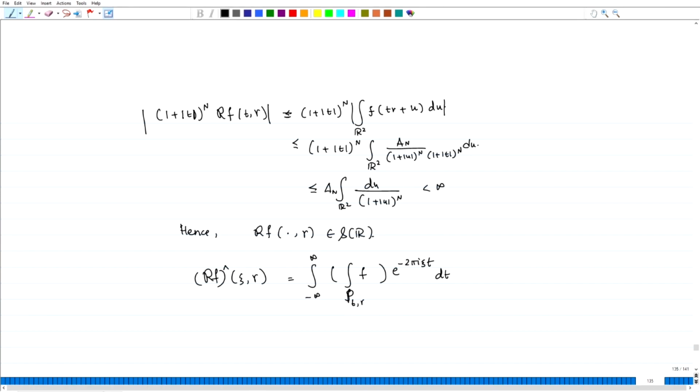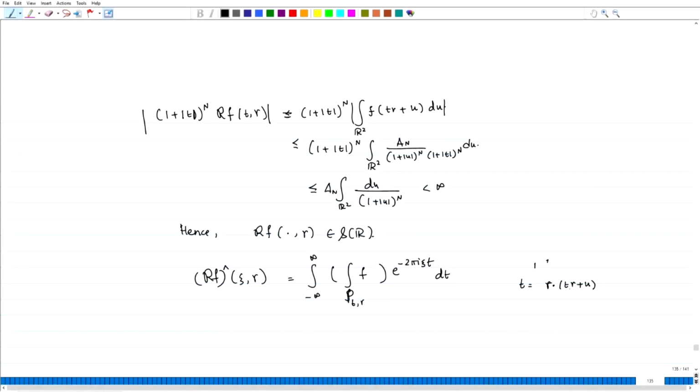Now, as you can see, I can write t as gamma dot t gamma plus u. Remember that u is in the span of e1, e2, where gamma, e1, e2 are the orthonormal basis.